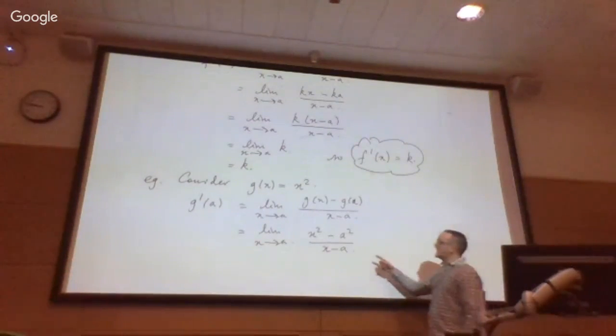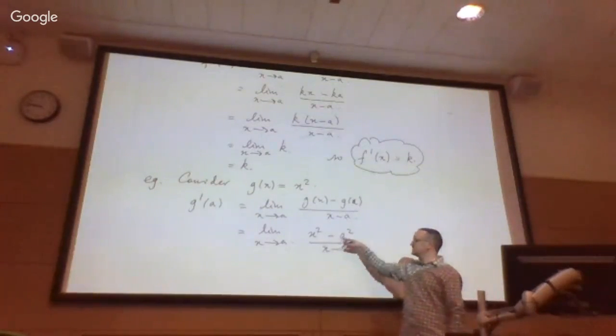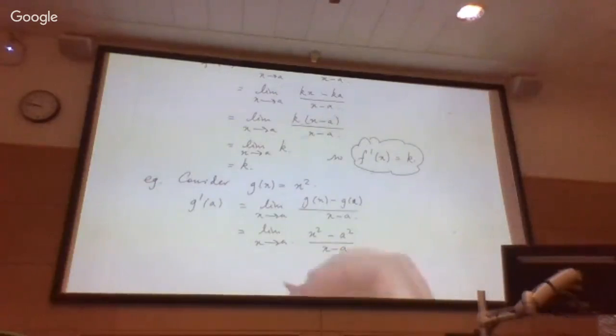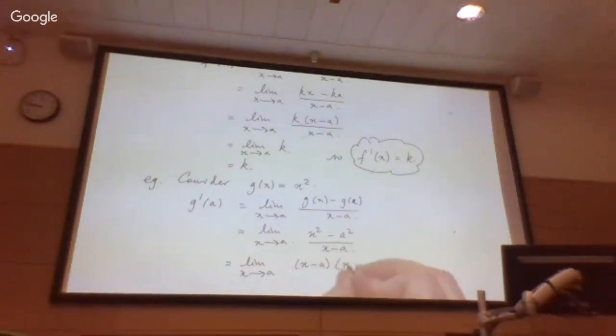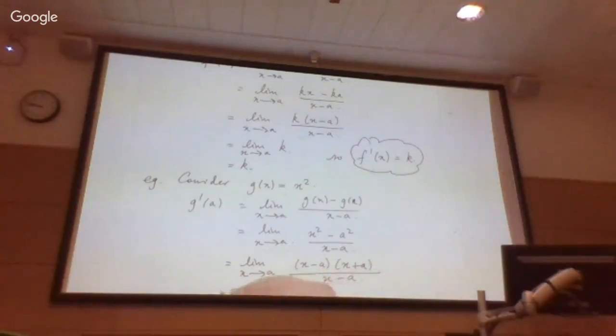But we do notice that, again, just like before, we can cancel x minus a. There's a difference of squares. You should almost have your vision trained that every time you see a difference of squares, you imagine x minus a times x plus a over x minus a. So once again, x minus a is a common factor. So what we're looking at is the limit as x approaches a of x plus a.